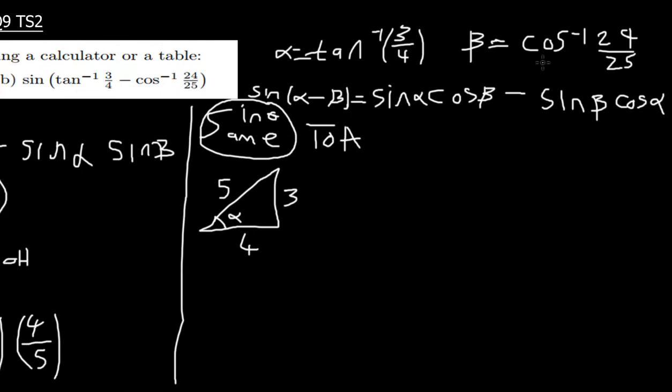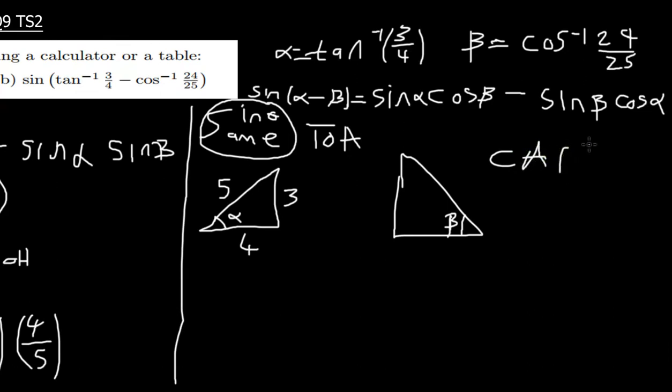And then we also find the triangle for our beta there. So if our beta is there, we're dealing with cos in this case, so katoa, ka.